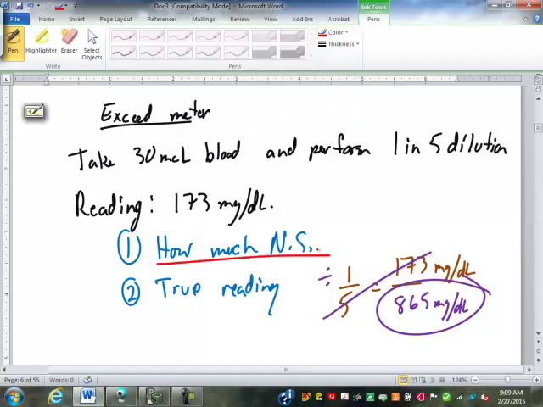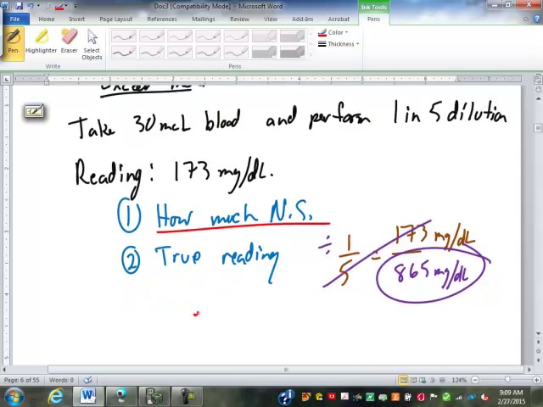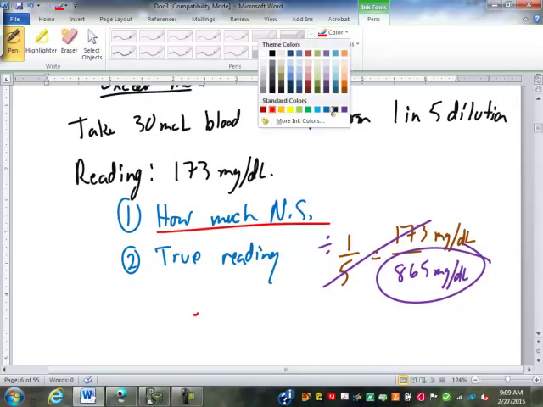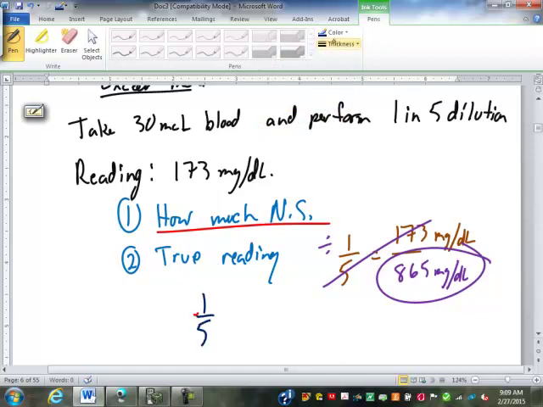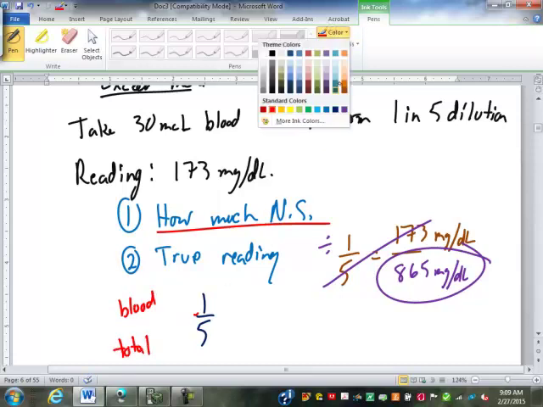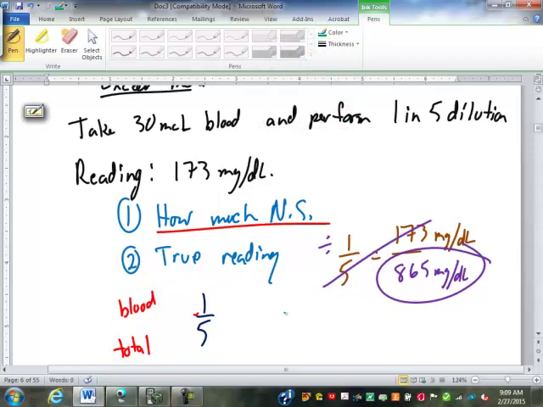So now, how much of the neutral solution did we have to add? Well, it was a 1 in 5 dilution. And of course, the 1 represented the serum, in this case the blood, and the 5 represented the total solution. We want to know how much saline, so we're going to make this a ratio of blood to saline, which is going to be 1 to 4.